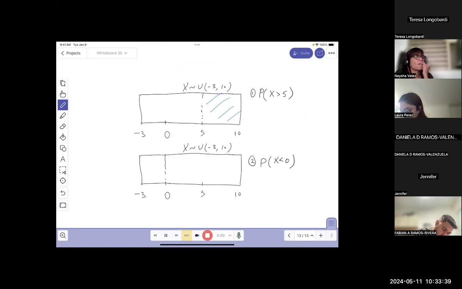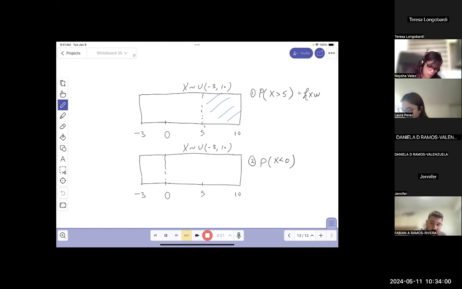We need to find the area. There's no table. You don't have to put this in Excel, although you can probably do this in Excel. What you're going to do is get the area of a box. So the area of the box is the height times the width.